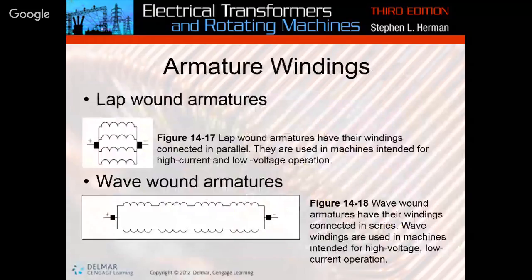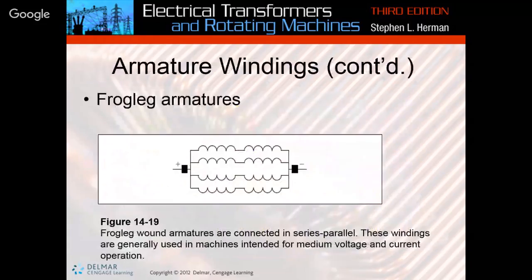We have the lap wound, which is for high torque, low voltage. We have the wave wound, which is for low voltage, high torque. And then we have the frog leg, right there in the middle, a little bit of a mix of both. I will pay attention to that. Little subtle hint there for you.